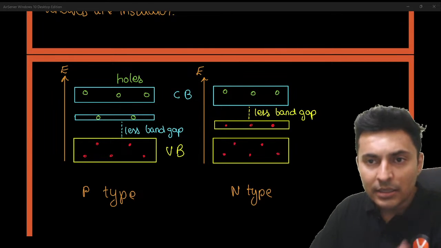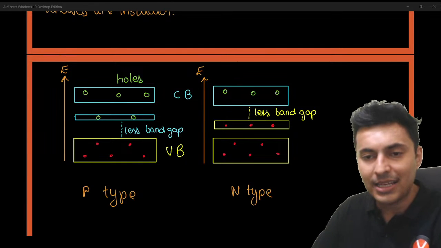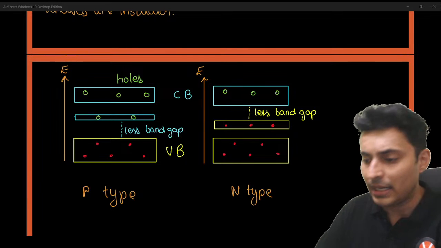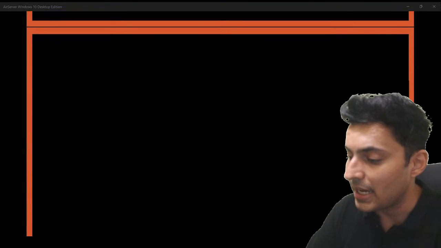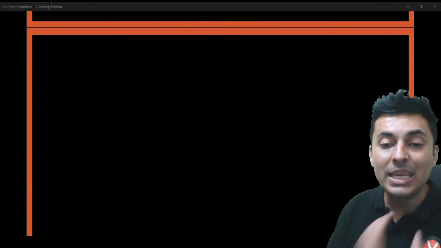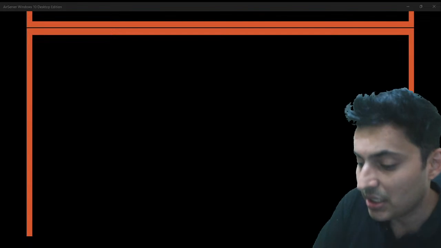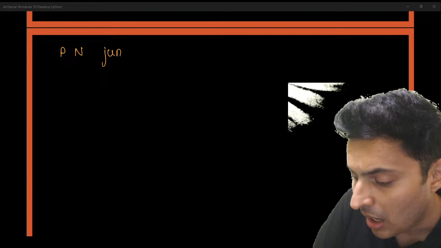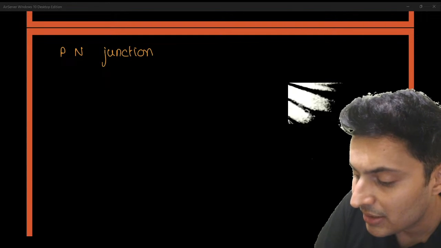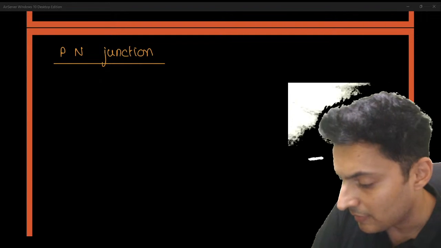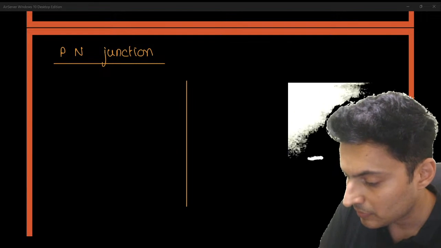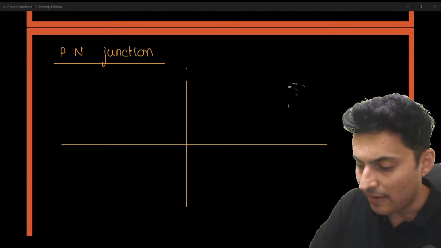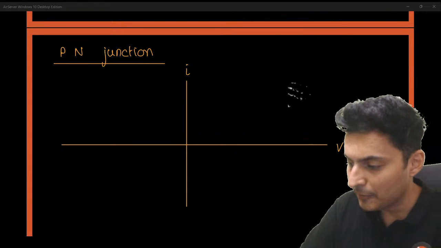Very good. Now, the next graph is the current versus voltage characteristics of a PN junction. When you take a PN junction, how does the current vary with the voltage? This graph is very crucial. Here you have current, here you have voltage.